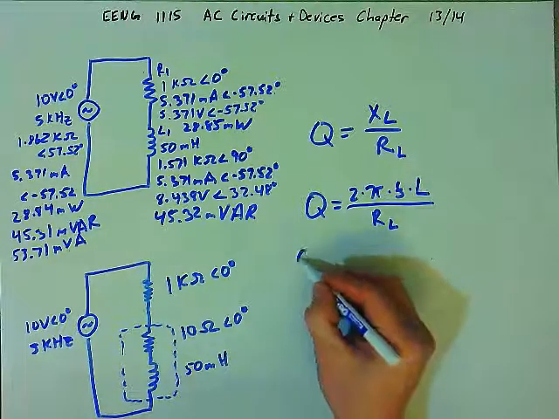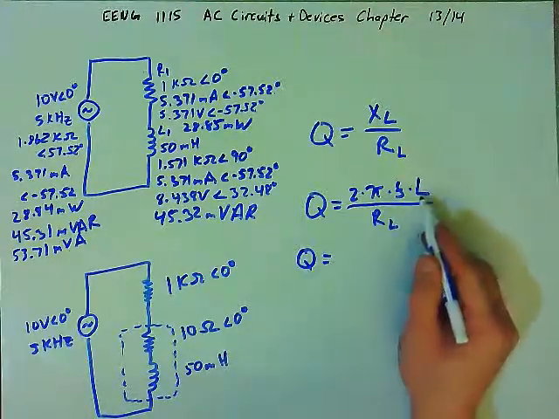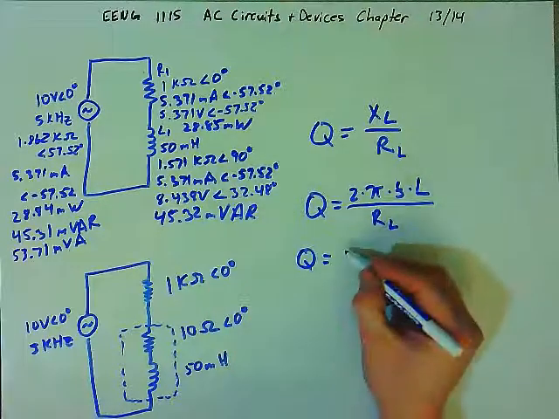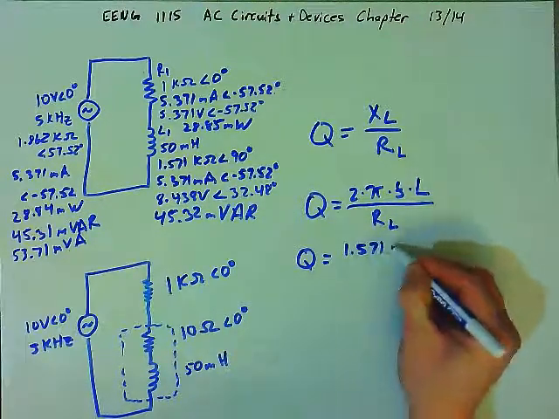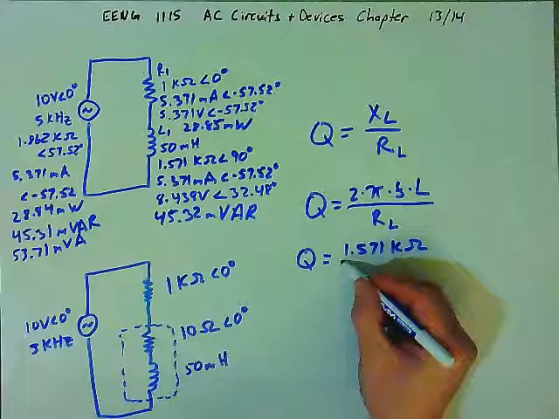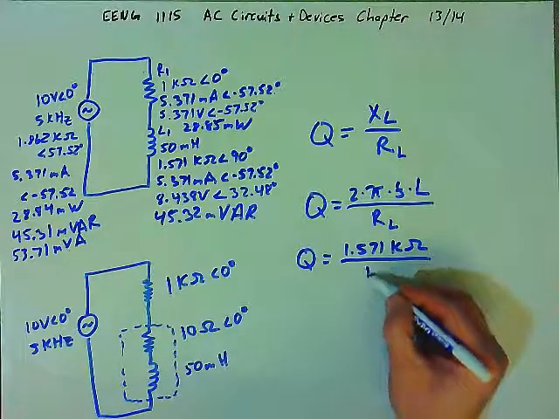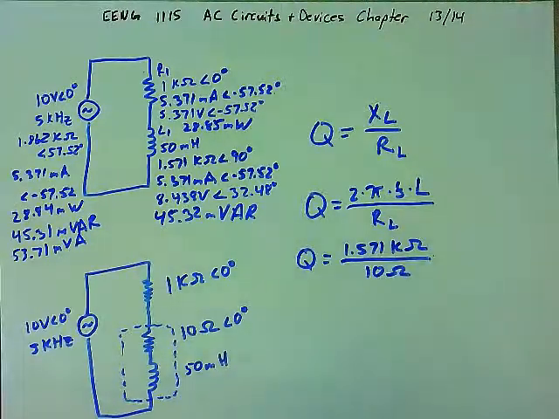X sub L is 1.571 kilo ohms, and the resistance of the inductor is 10 ohms. If we divide these, that will give us a rating of quality for this inductor.